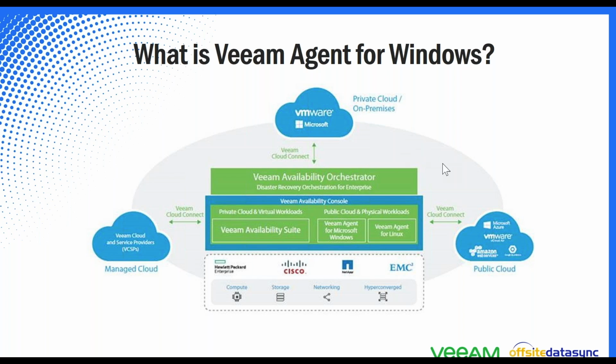So Veeam Cloud Connect can be connected directly to some of the public hyperscalers like Azure, AWS. We can go direct to either an on-premise or a private cloud solution, or we can go to a Veeam Cloud Connect service provider, which is exactly what OffsiteDataSync does. And there's a lot of benefits to the actual service provider, and we're going to get into those in a little bit of time here.